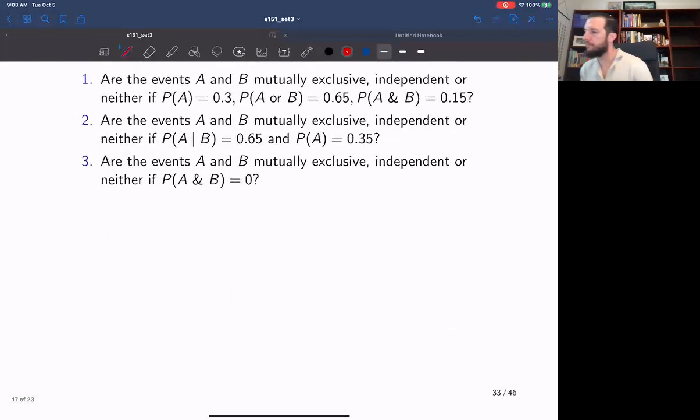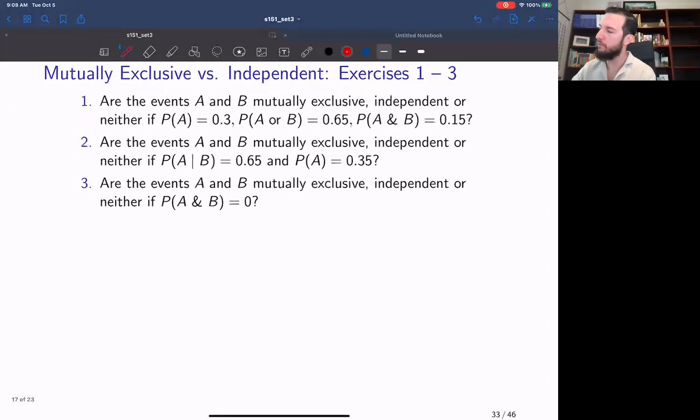The last thing I want to do before we move on to counting rules is use the formulas that we have discussed so far in the class to determine if the events are mutually exclusive, independent, or neither. In this case, neither would mean dependent events.